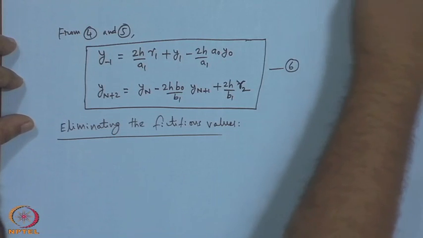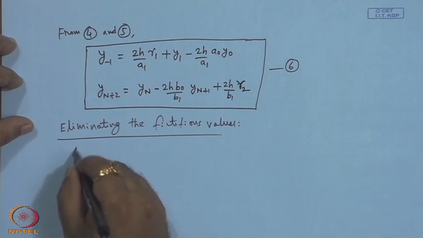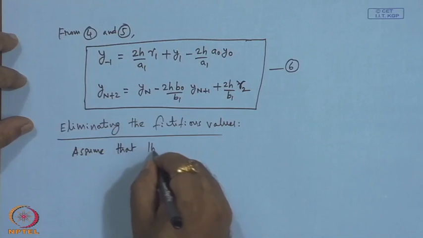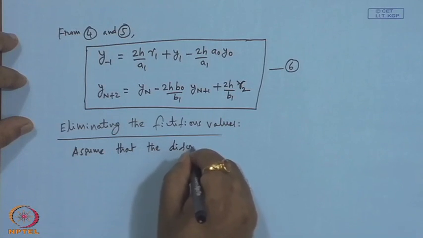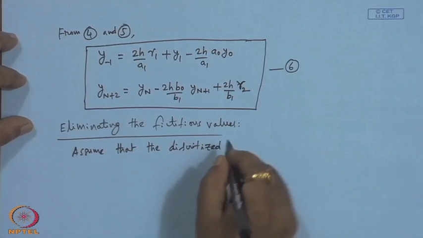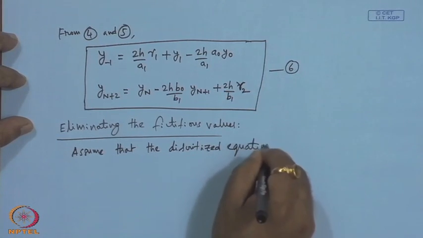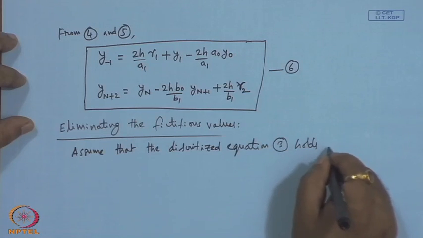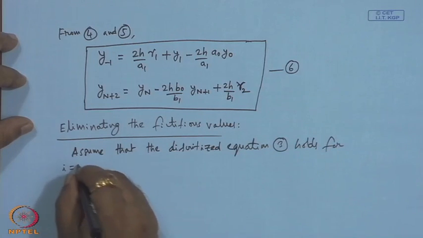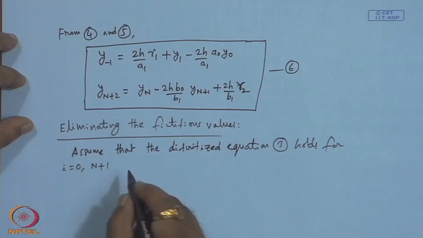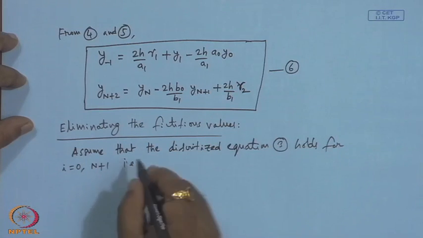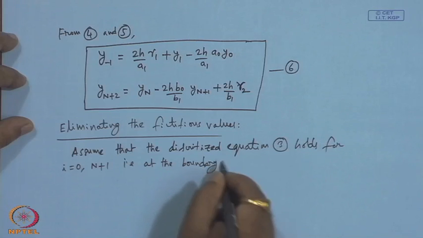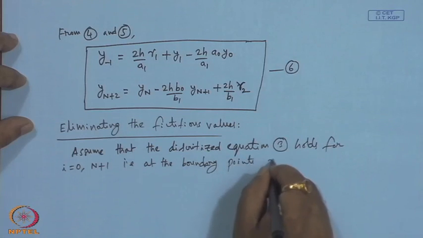So, how do we eliminate? We assume that the discretized equation 3 holds for i equals 0 and n plus 1, that is, at the boundary points x0 and x n plus 1.